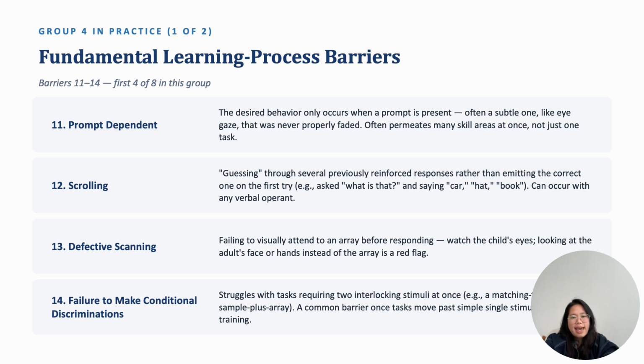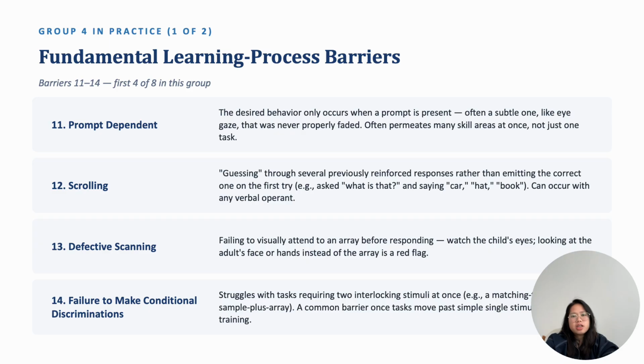While defective scanning is like failing to visually attend to the full array of choices before responding. So the tell here is a child's eyes. If they immediately focus on the array, that's good. But if they're looking at the adult's face or hands instead, that's the red flag for a scanning problem because they didn't know what to do and scan.